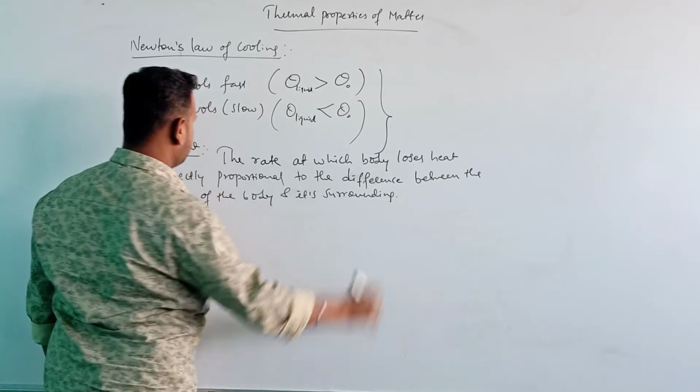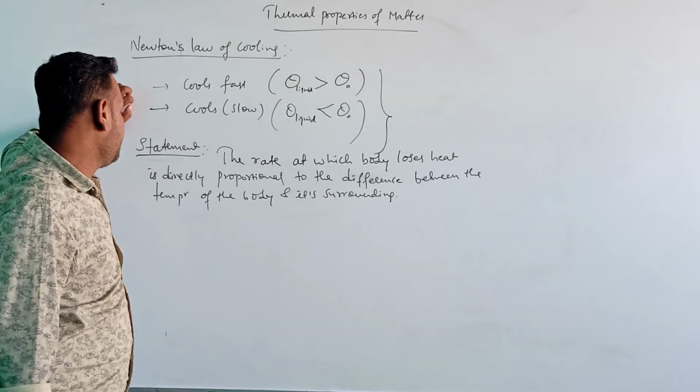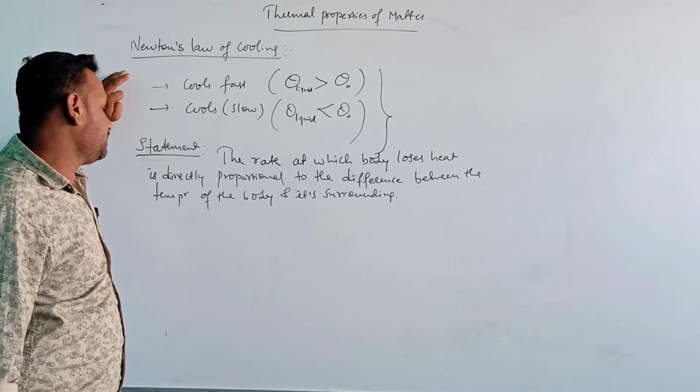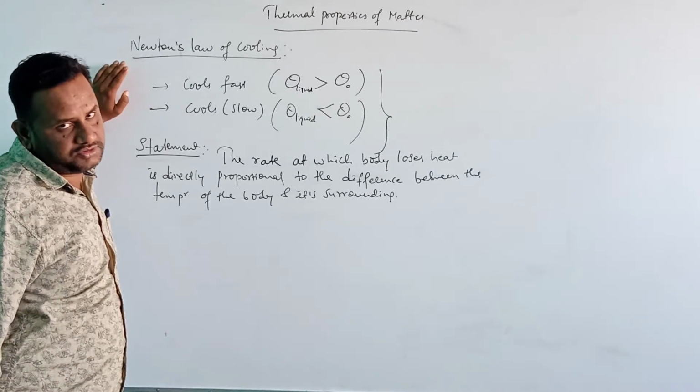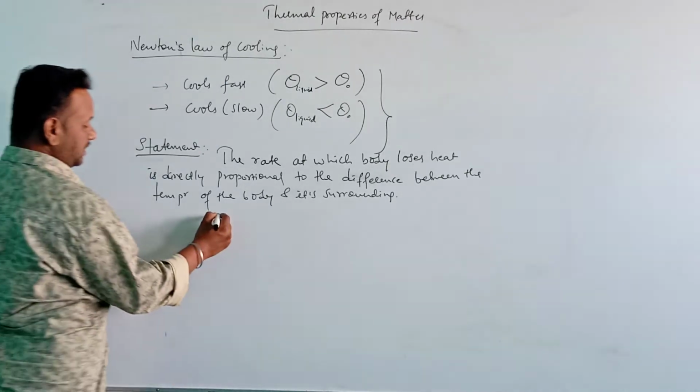This is what is stated. The rate at which the body loses heat is directly proportional to the difference between the temperature of the body and its surrounding. Now consider a body of mass m.